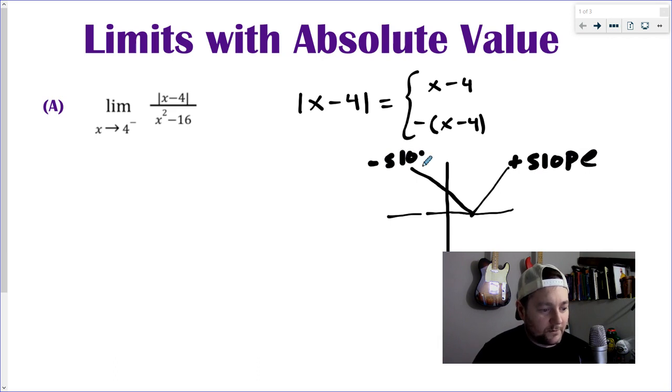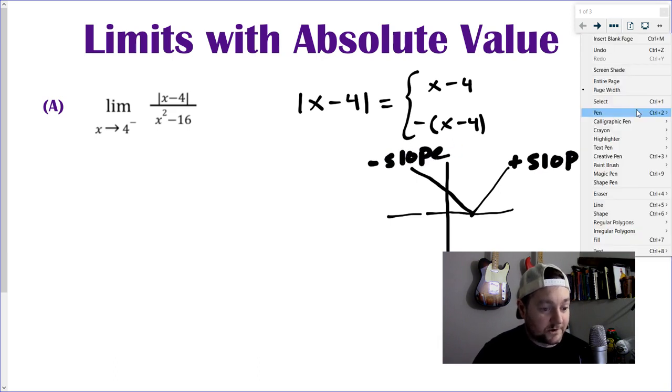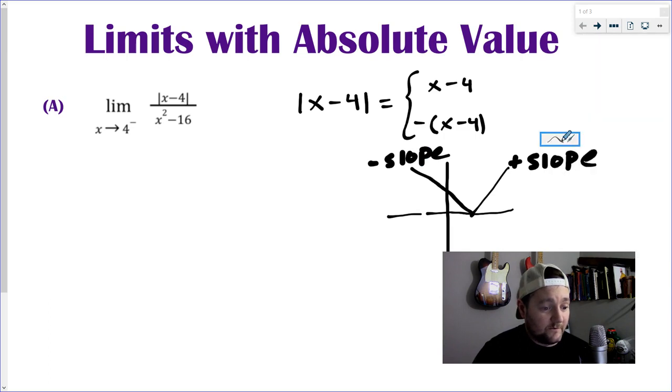The reason it's the positive slope side and the negative slope side, obviously, is because the absolute value function is just two lines connected together. One has a positive slope, one has a negative slope. So I know this is the negative slope side right here, negative x minus 4. And over here, this is the positive slope side, x minus 4.